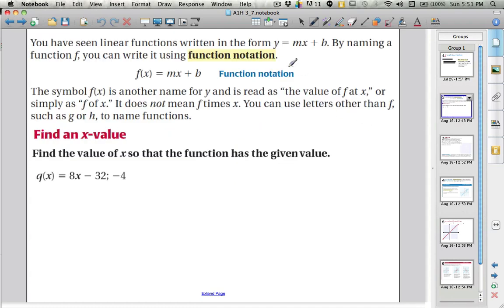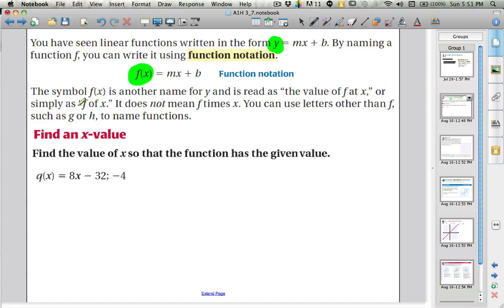Okay, so function notation basically involves taking y, so you'll see here we have y, and replacing it with f of x. You can think of this as the value of function f at the value of x, which would be a different value of x each time we evaluate the function.